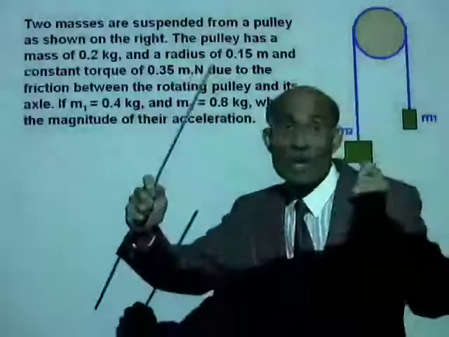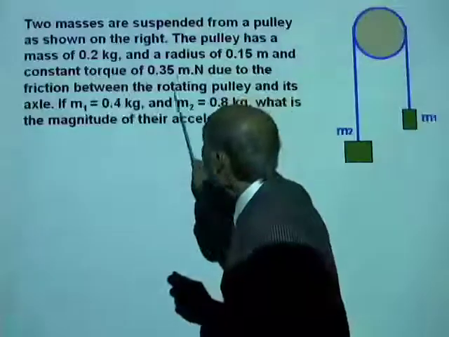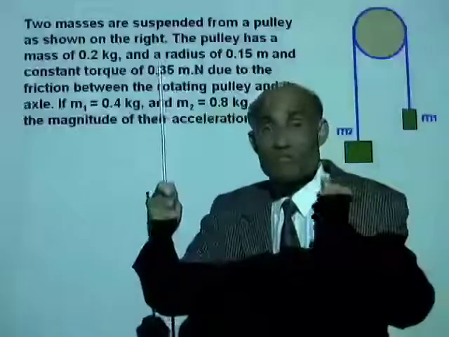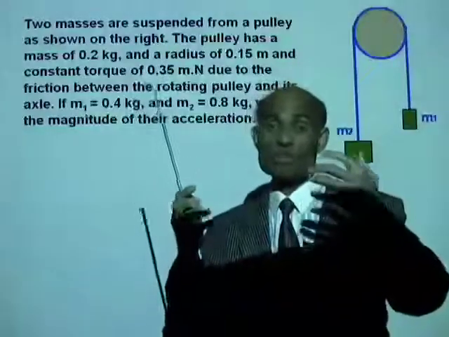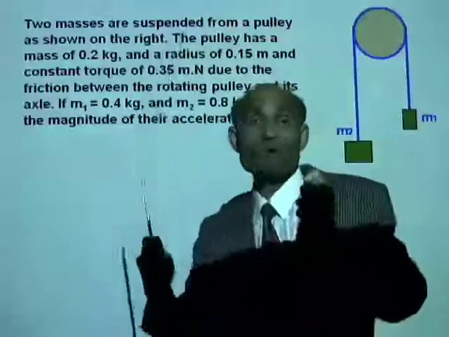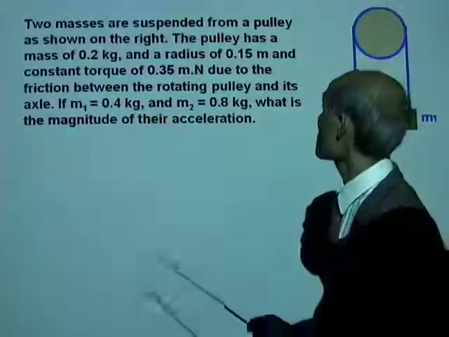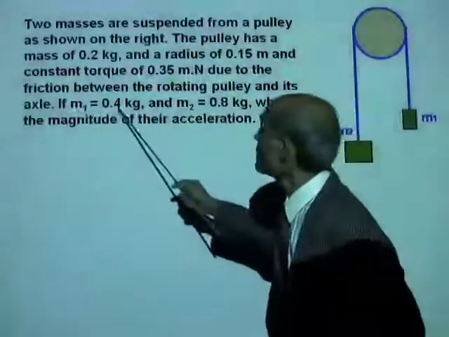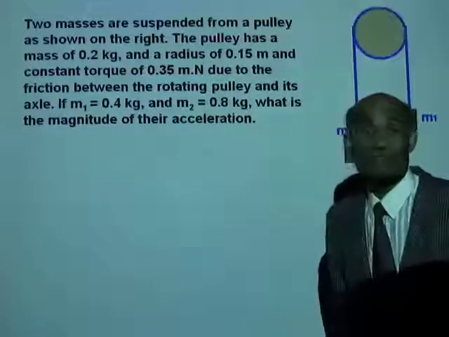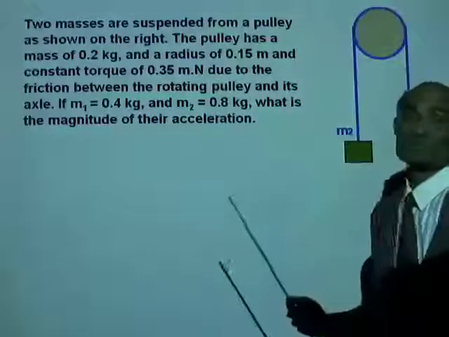So there is a constant frictional torque, 0.35 meter Newton, between the pulley and the axis of rotation. That means it will be opposing the rotation caused by an external torque. Well, if m1 equals 0.4 kilogram and m2 equals 0.8 kilogram, what is the magnitude of their acceleration?